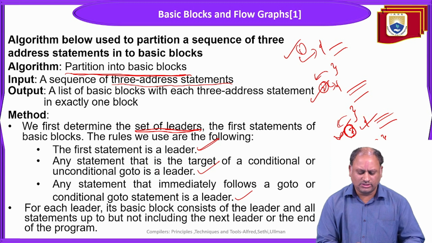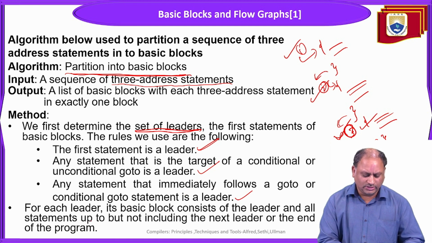Another is any statement that is the target of a conditional or unconditional go to. Another is any statement which immediately follows a go to or conditional go to. Each of these can be considered a leader.